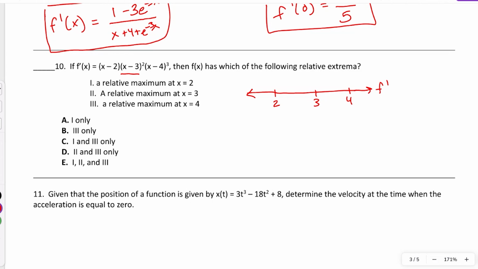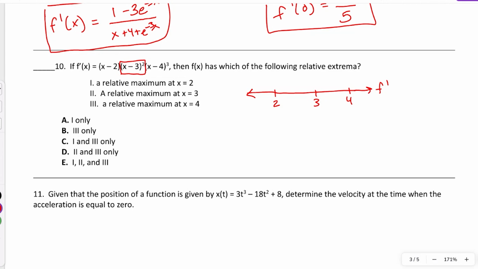Now this squared term right here is always going to be non-negative. So I'm not going to be really worried about that, because multiplying by any positive number is going to stay whatever sign it originally was. So I'm really just going to look at the x minus 2 and the x minus 4.